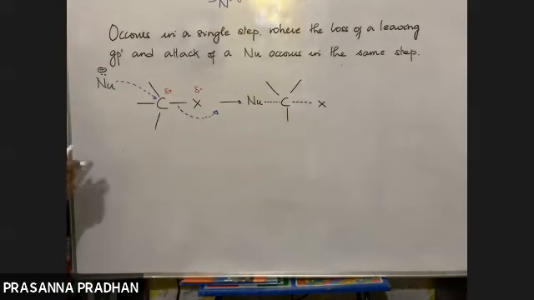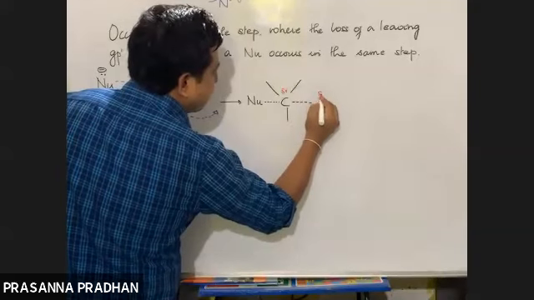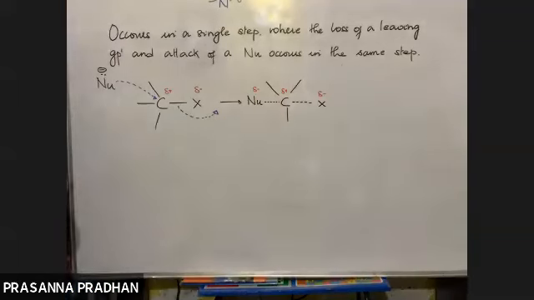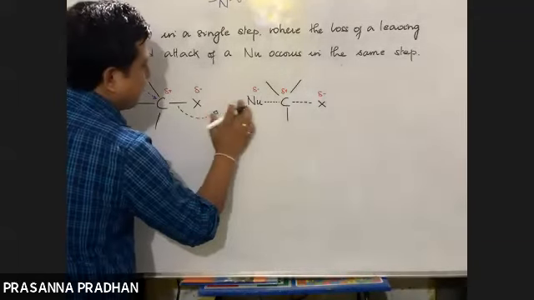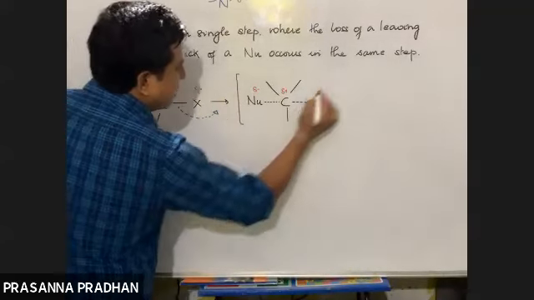And we also show the respective charges. What is the charge on carbon? Positive. On the leaving group? Negative. On the nucleophile? Negative. This is a transition state, and transition states are very, very unstable, which is why it is enclosed within a square bracket.